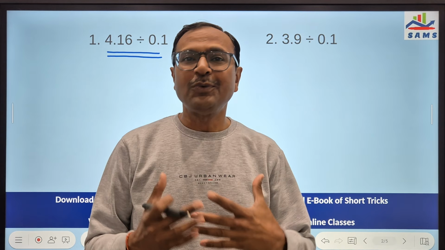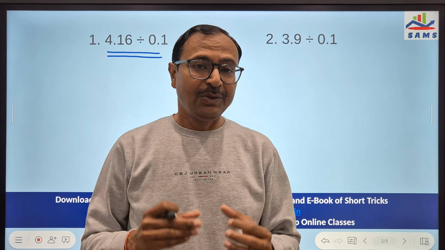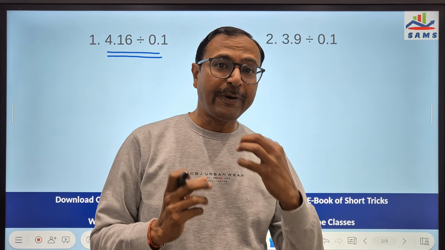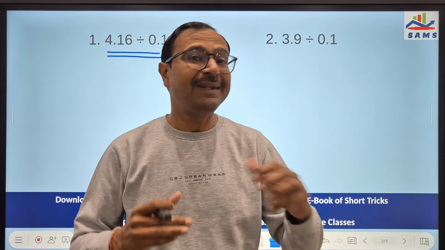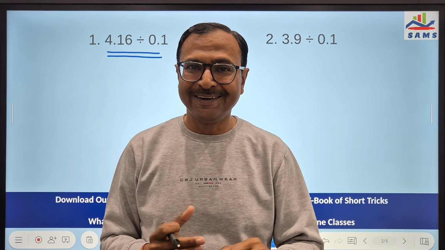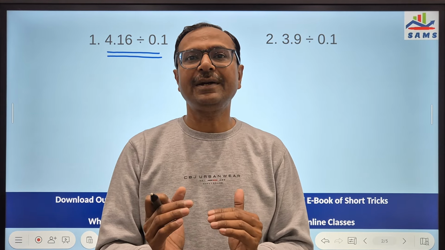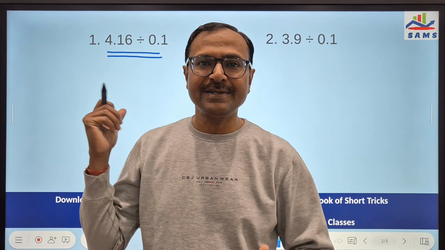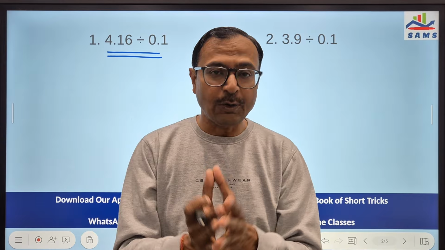If you convert it into a fraction. But there are some complexities attached with this. If 0.1 becomes 0.2, then what? If 0.1 becomes 0.5, then what? So all the associated concepts have to be made clear so that you can extrapolate this trick and apply it to a variety of problems.